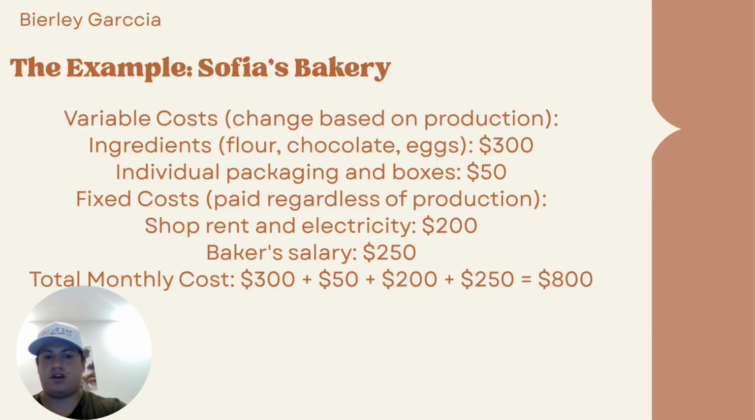To calculate her unit cost, Sophia must add two types of expenses, that is, variable cost and fixed cost. The variable cost changes based on production, that is, ingredients like flour, chocolate, and eggs, on which in total she has to spend 300 quetzales, and individual packages and boxes, on which she spends 15 quetzales.